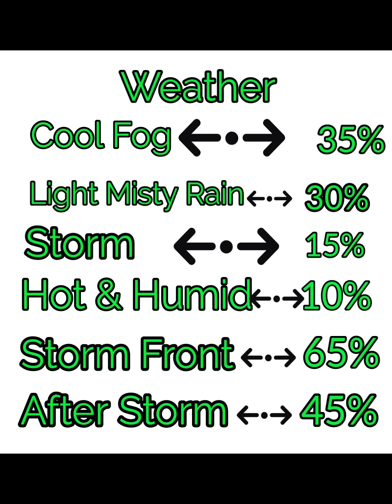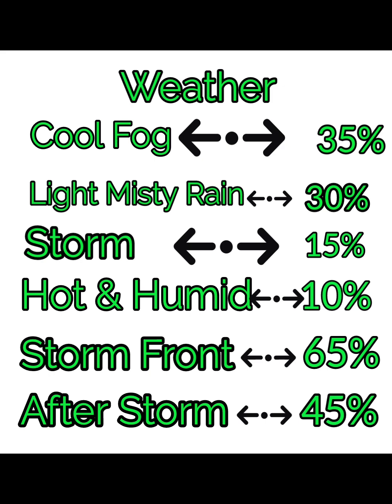Okay, so now here I have some explaining to do, because obviously these numbers are way over 100%. But this is based on weather. During a cool fog, particularly a cool fog morning, you are 35% more likely to have a sighting or incident.